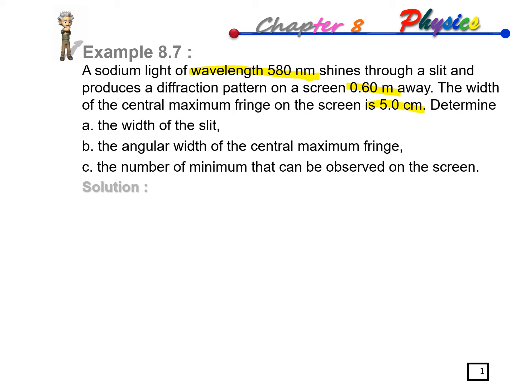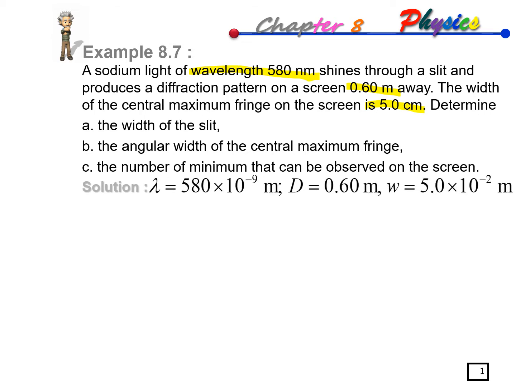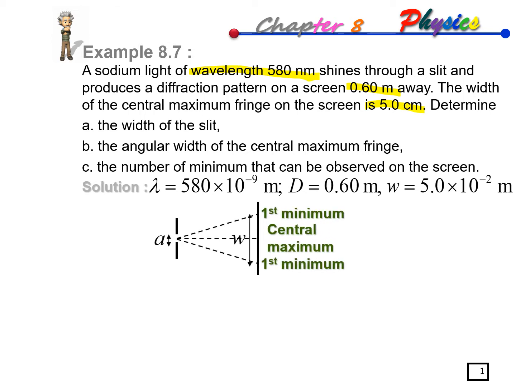So for the first question, what we do is we list out all the information given: lambda, capital D, the distance from the source to the screen, and the width of the central maximum. If you draw the situation, we will end up with something like this. This will be the width of the slit, a, and this will be the width of the central maximum.